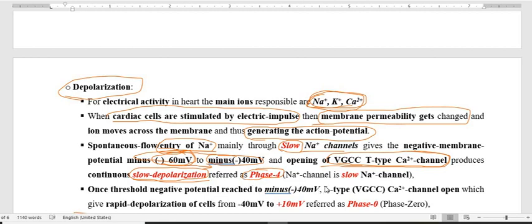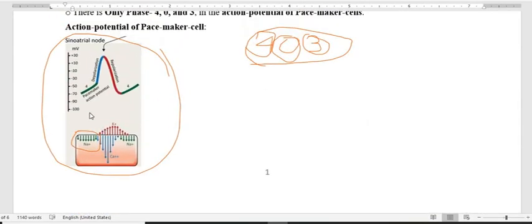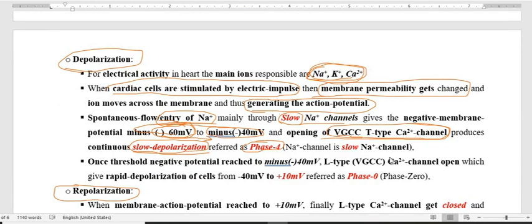So in phase 4, both sodium as well as calcium enter, and the membrane potential goes from minus 60 to minus 40, with entry of sodium ion as well as calcium through the T type calcium channel.